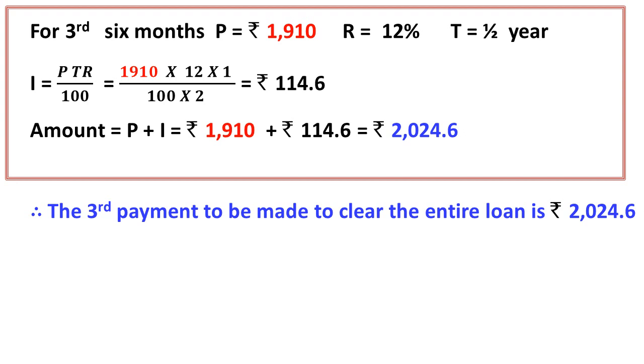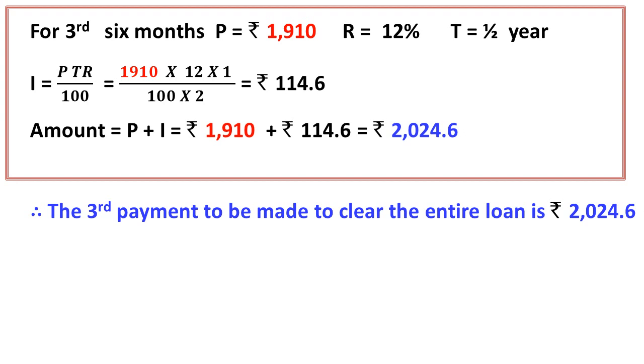So after calculating the amount due at the end of the second 6 months, again rupees 1,800 is deducted, and now at the end of the third 6 months, the amount due is rupees 2,024.6.